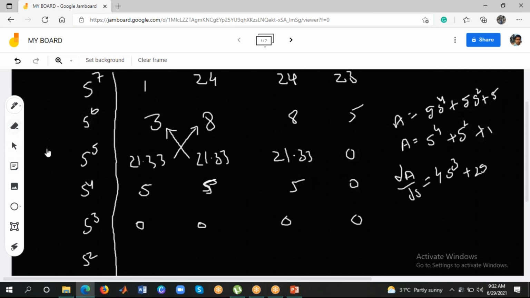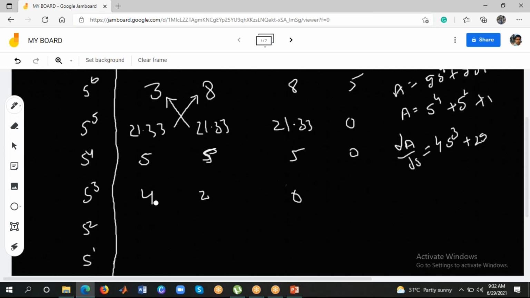So now I am going to rearrange that s cubed term here. So one is 4, 2, and 0. Then we can find the s square term. 4 5s are 20 minus 10 divided by 4.